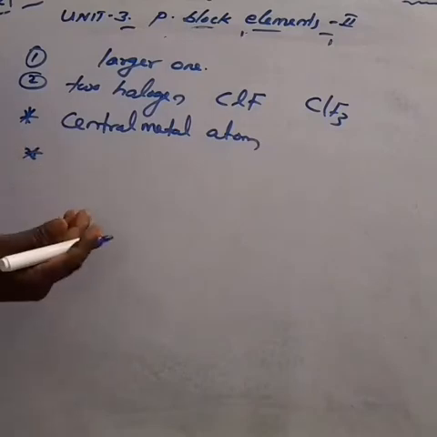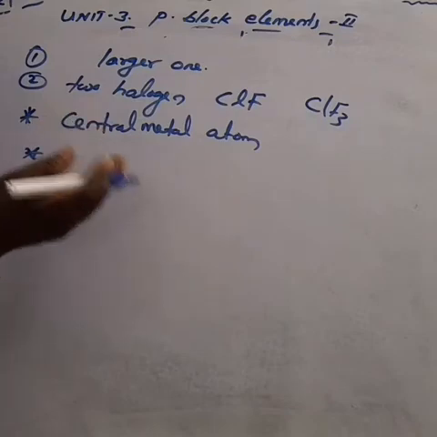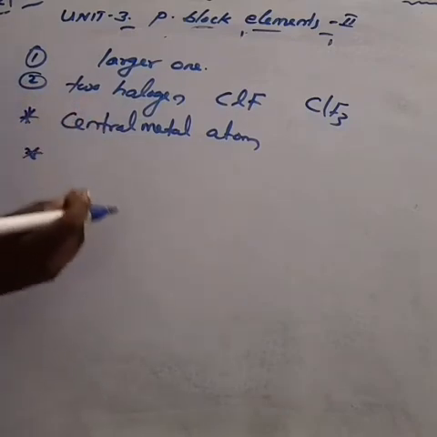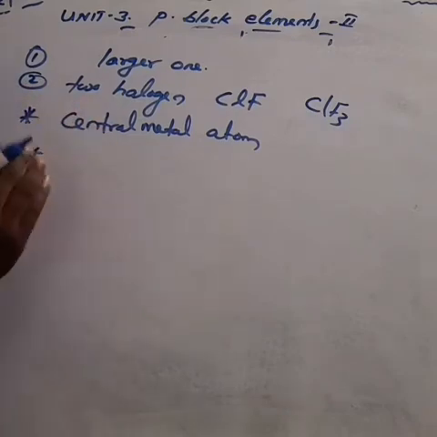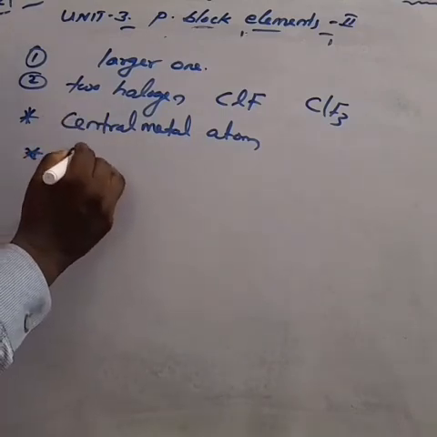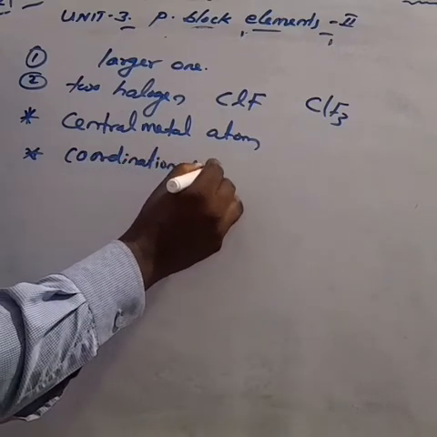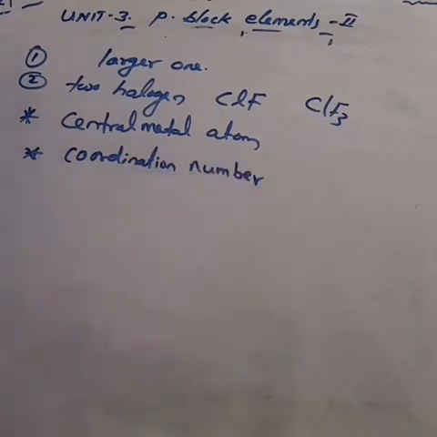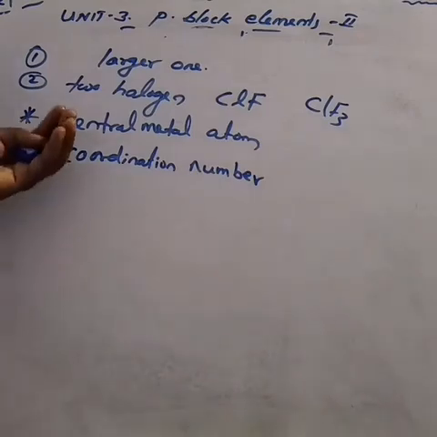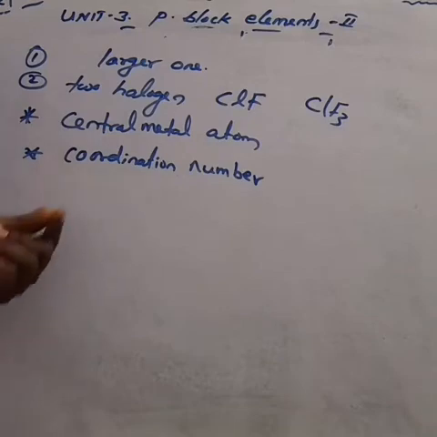Fourth point: the high electronegativity together with the small size of fluorine helps the central atom to attain a high coordination number.